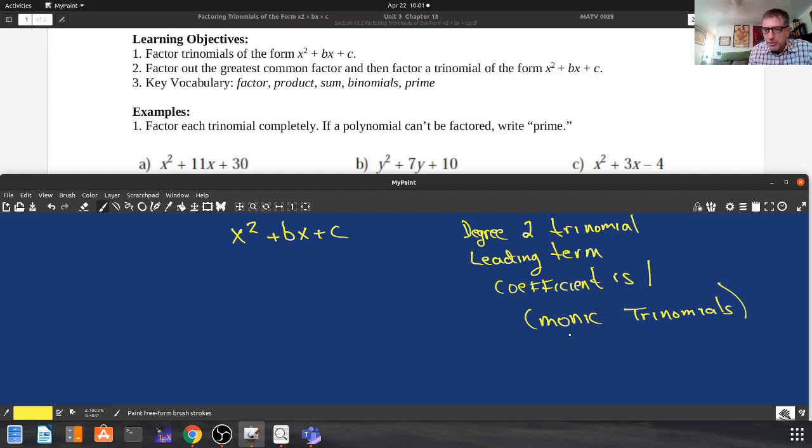I don't think the book uses that term. So what we want to do is factor these into the form x plus r times x plus s. So that's our goal.